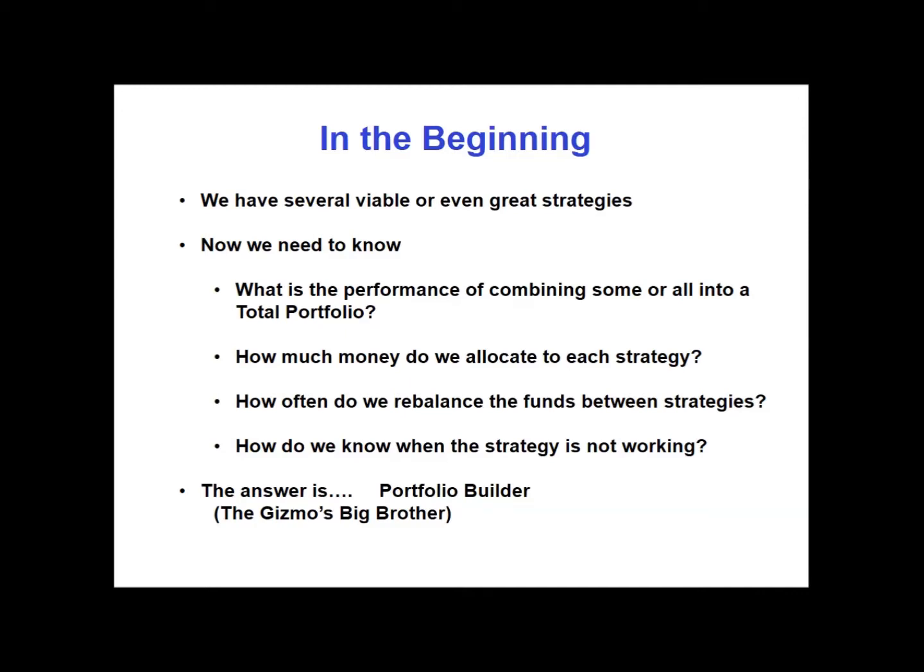And then 5 years ago, we actually came out with this Gizmo tool, which didn't do all of this, but it did combine various strategies together and answered some of these, but it didn't have rebalancing. It didn't have what do you do when the strategy's not working, and some of the other things.